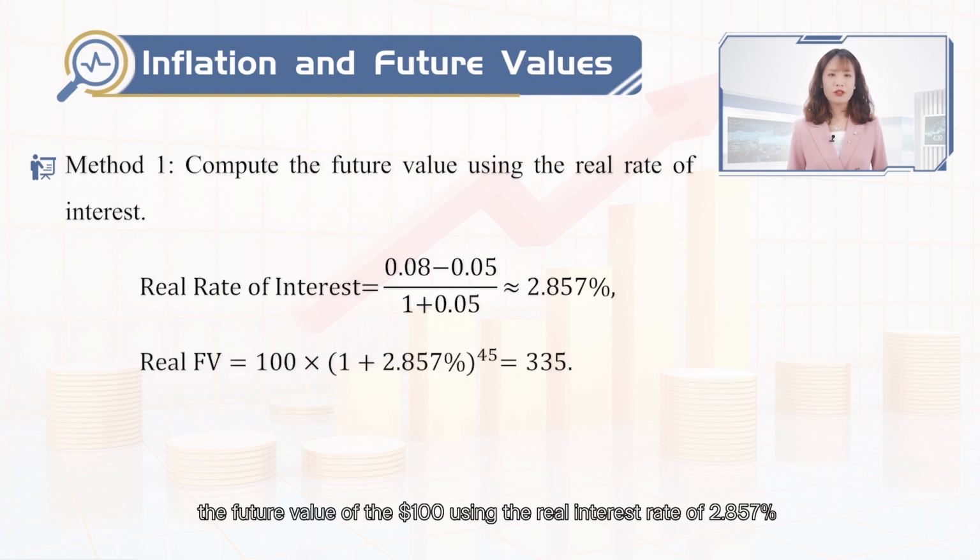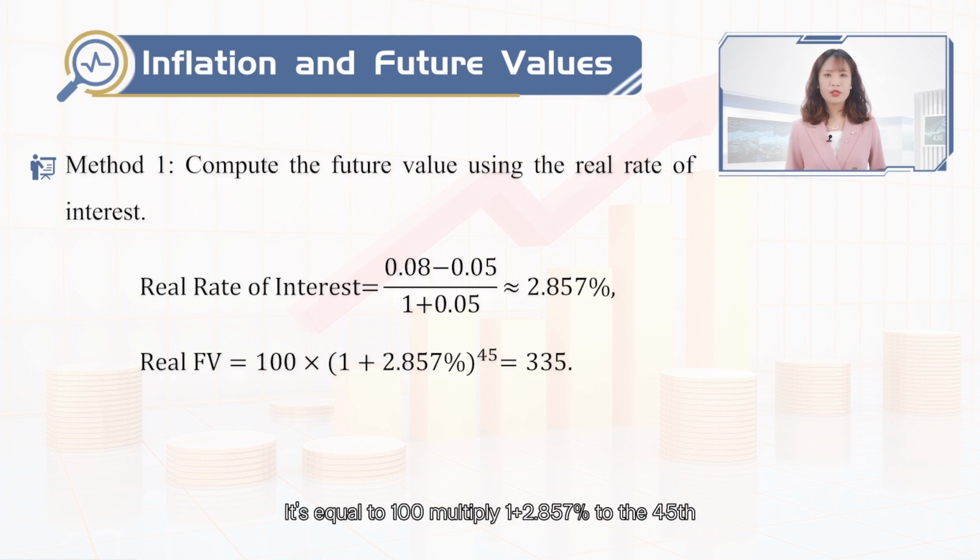And then the future value of the $100 using the real interest rate of 2.857% per year for 45 years, defined as the real FV, is equal to 100 multiplied by 1 plus 2.857% to the 45th, which is $335.